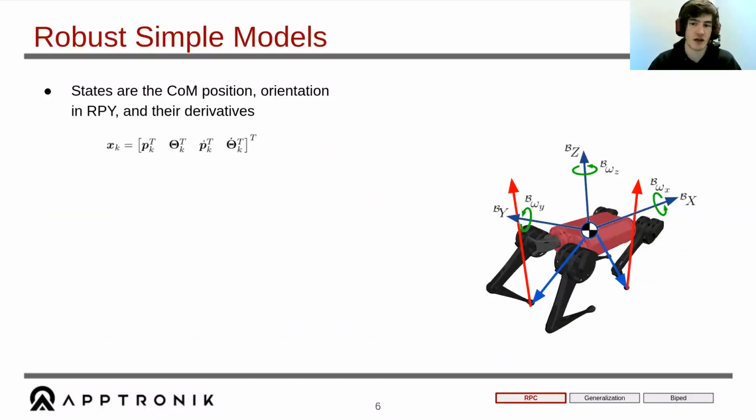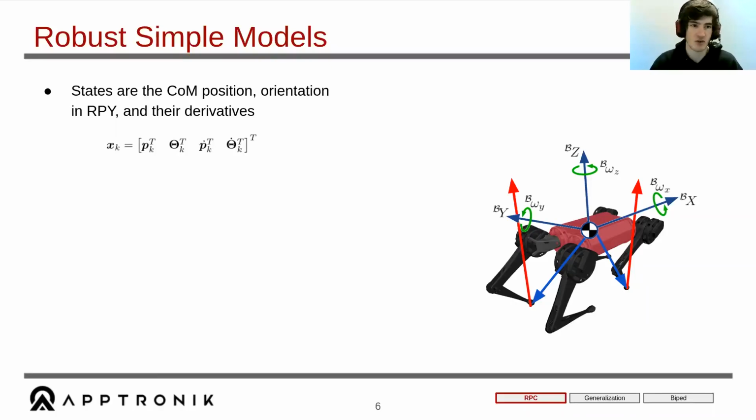So the first thing with RPC is it relies on the use of very simple models. Even though the mini cheetah robot that I'm showing there is a multi-degree of freedom system with legs, several degrees of freedom per leg, there's 3 on each one, I model it as just a single rigid body.